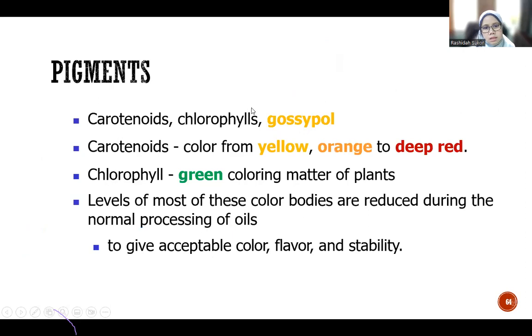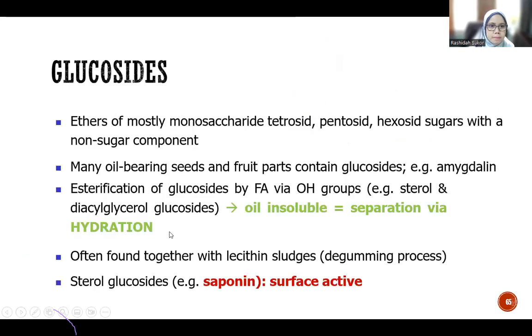Pigment is okay for now, we will look at it later. Pigments can be part of lipid also. Chlorophyll, carotenoids. Later in the pigments topic, I will go into detail. Glycosides are ethers of mostly monosaccharides.